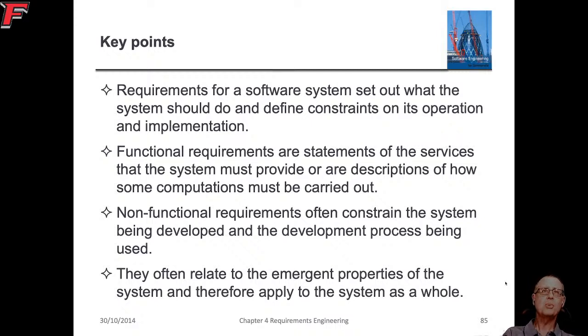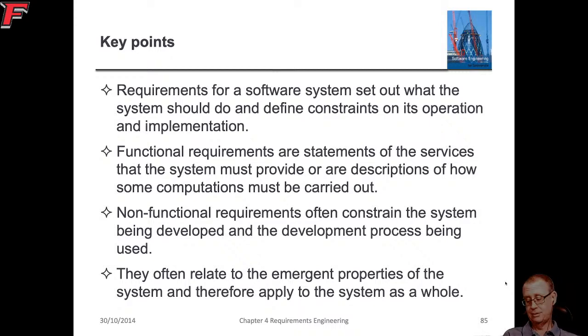So here are the key points, and you can read these as well as I can. Requirements set out what the system should do and how well it should do it. There's functional requirements, which is the do, and there's cross-functional requirements, which is how well.